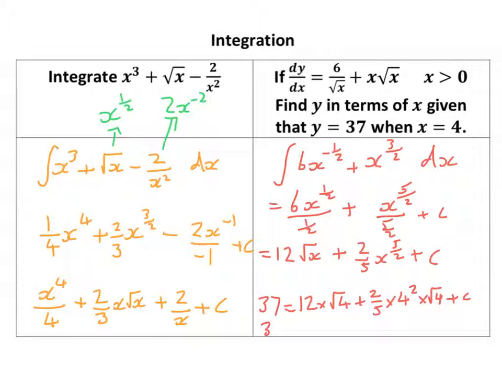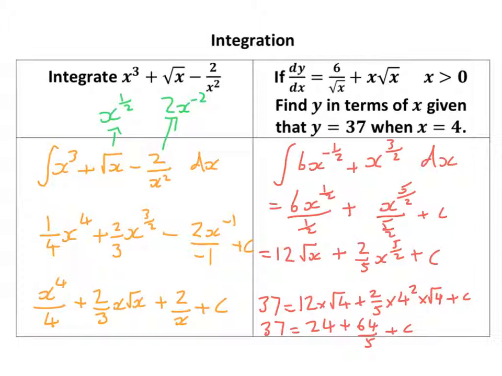Now I'm going to run out of room if I'm not careful. 12 times root 4 is 24, plus, now we got 16, 32, 64 over 5 plus c. Okay, and that means I've got a lot of adding up. Trouble is I've run out of room.